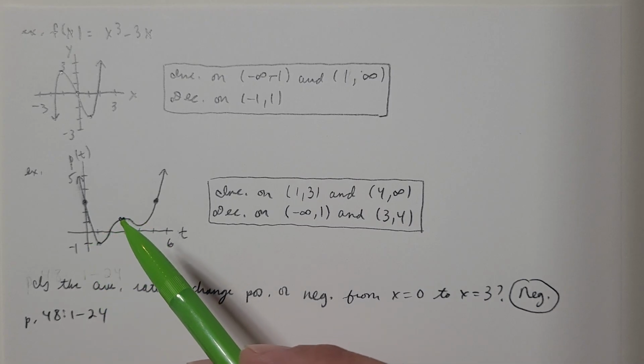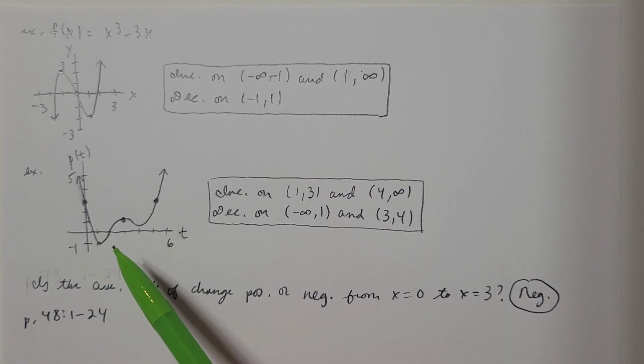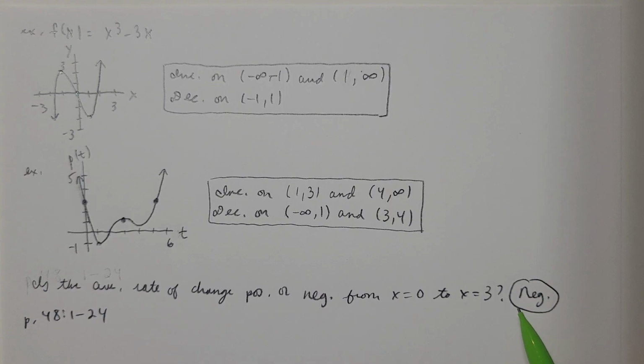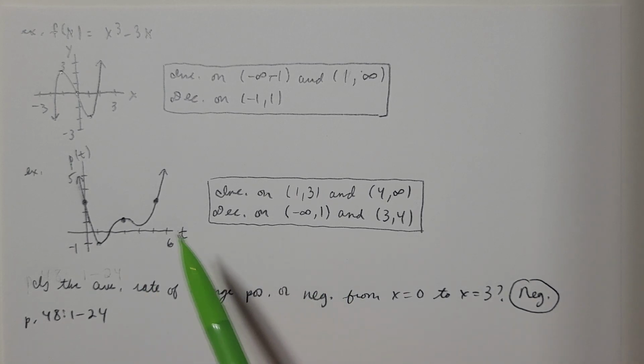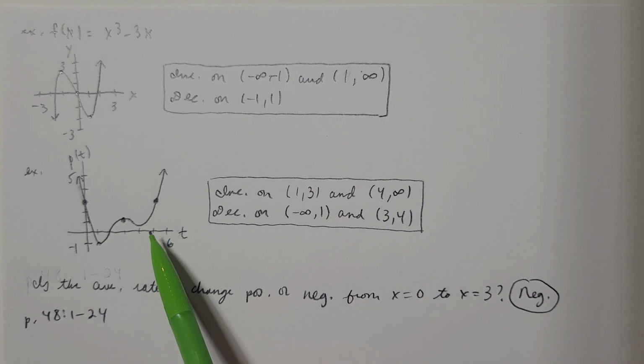Again, we'll talk about that in another section. But you're going to be falling as you look at this graph from left to right. So the average rate of change would be some negative number in that case. They're not asking for it, but is the average rate of change positive or negative from x equals 3 to x equals 5?